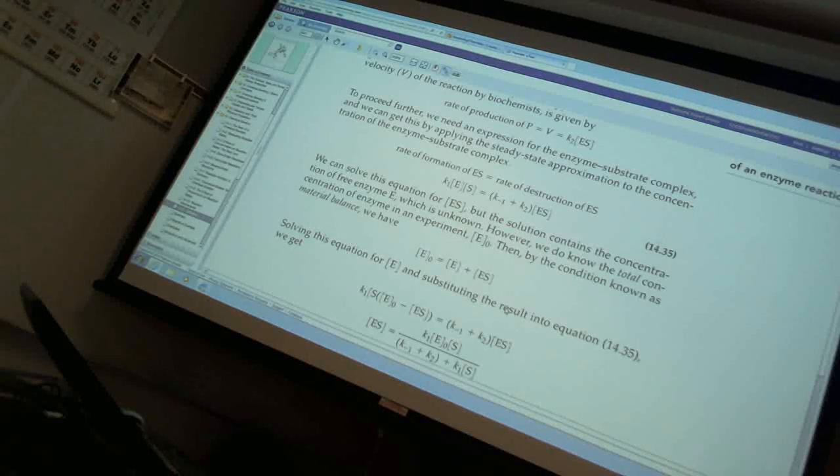But E is different because it's a catalyst, right? And catalysts speed up the reaction but aren't consumed in the reaction. Well, they are consumed, right? They're consumed initially and then they're regenerated with each reaction that occurs. And so this is where we're going to deviate.